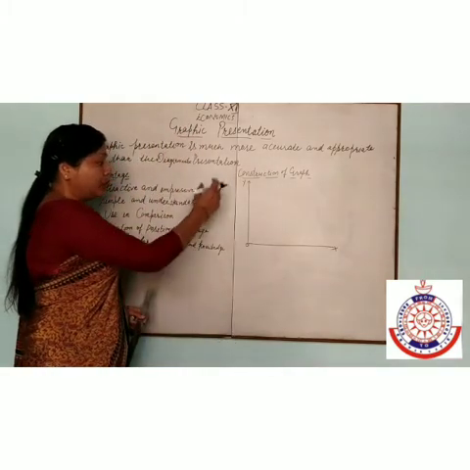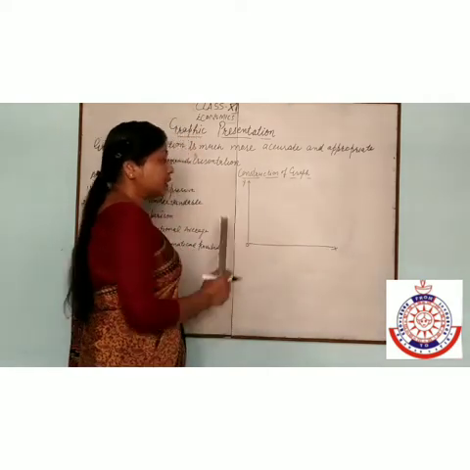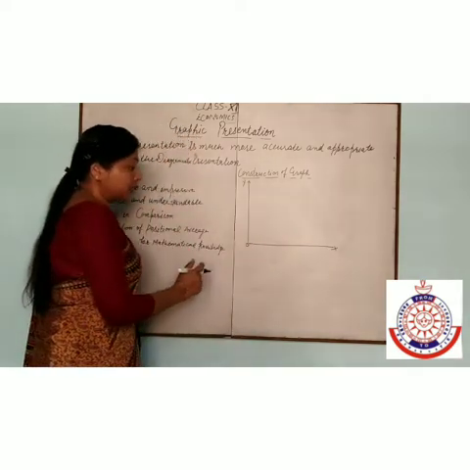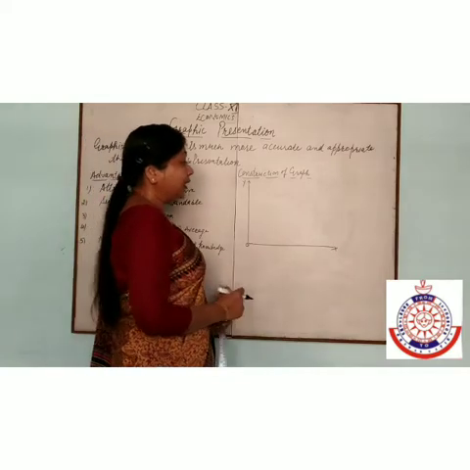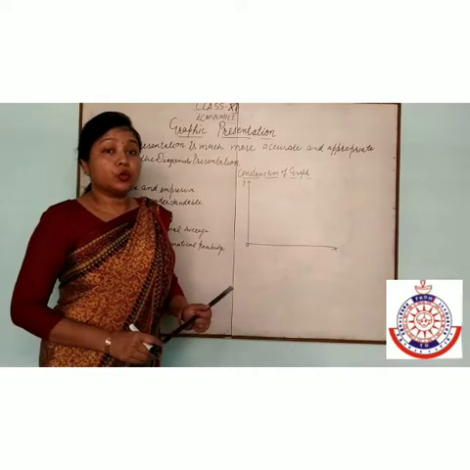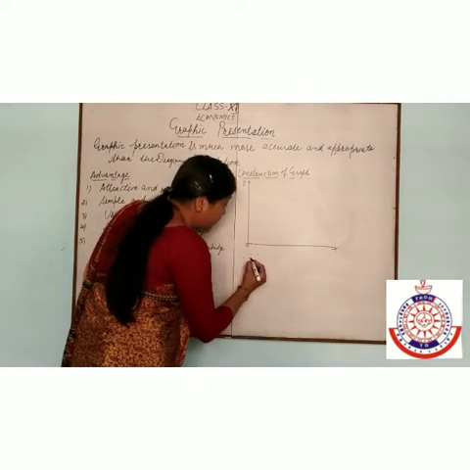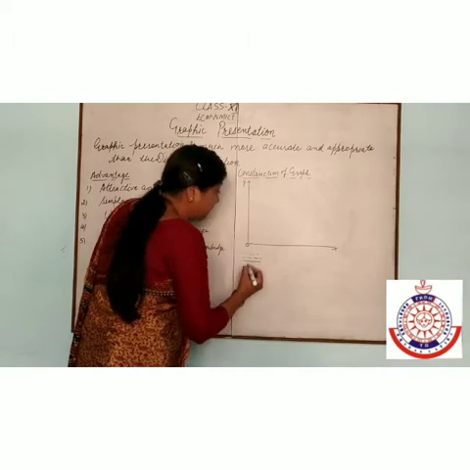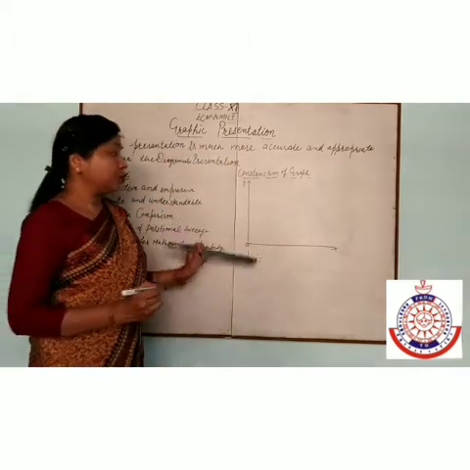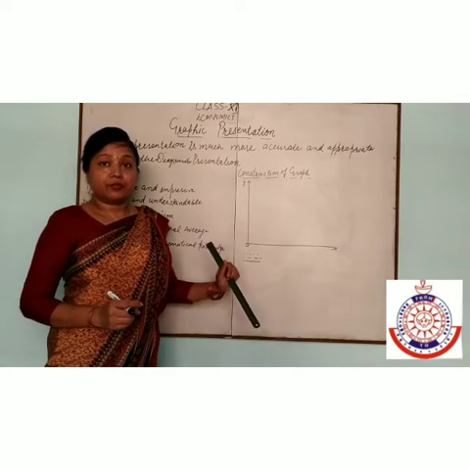So, we can draw the graph using the OX and OY axes. If a dotted line is required, if different items are given, you can use different types of line. You can use this type, this, and a complete line. Different types of line you have to use for the graph.